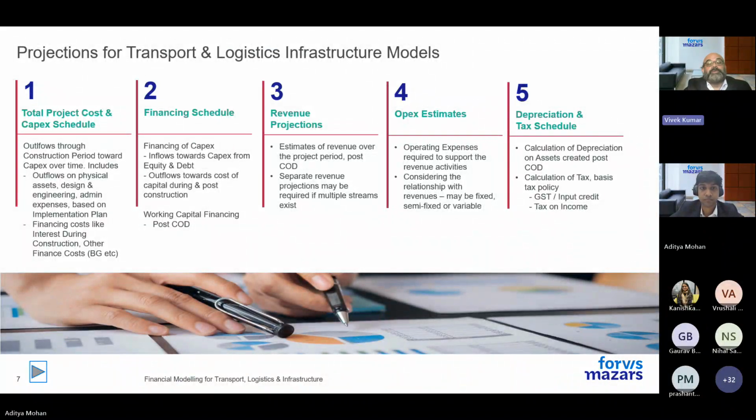Coming to revenues. Revenue projections. What is revenue? Basically, in a transport logistics setup, it's volume into tariff, right? So you will have revenue projections where you will have one row which will say volumes, the second row which will say growth in volumes, the third row which will be the revenue rates, like your rate per kilometer, which could typically be in rupees per ton or rupees per ton kilometer, or things of that sort.